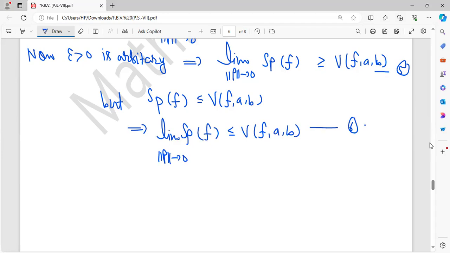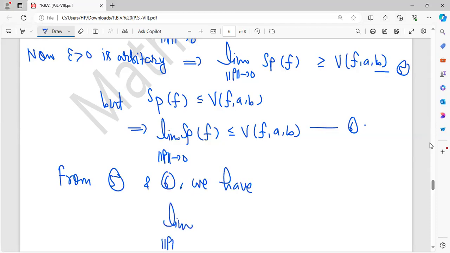From 5 and 6, we have limit norm of P tending to 0, S(P,F) is equal to V(F,A,B). So this is proof.